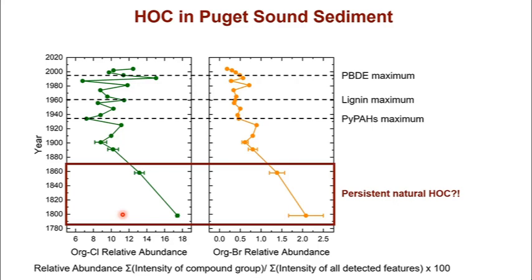If the carbon is actually constant, that shows us maybe increasing bromination is happening. But if the organic carbon is actually decreasing while bromination is increasing, that would suggest a preferential preservation of organobromine. At this point, I still need to have some firmer evidence to say one way or the other.